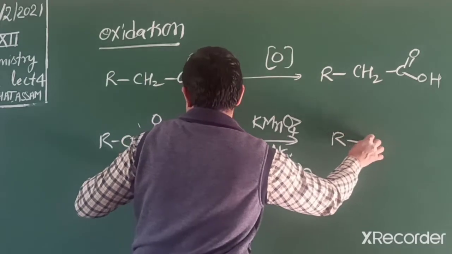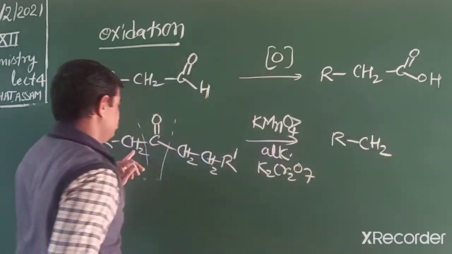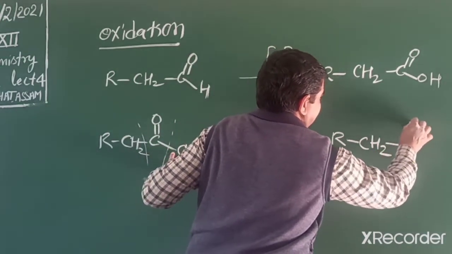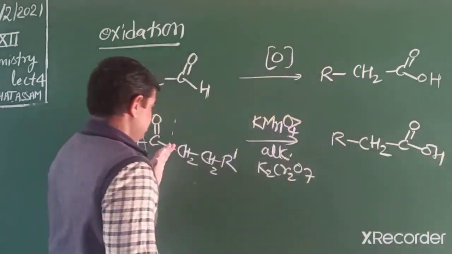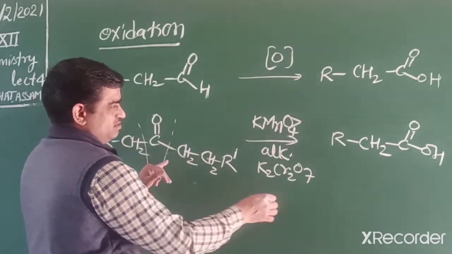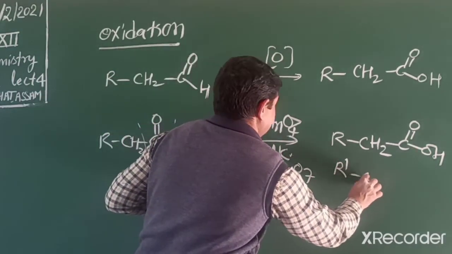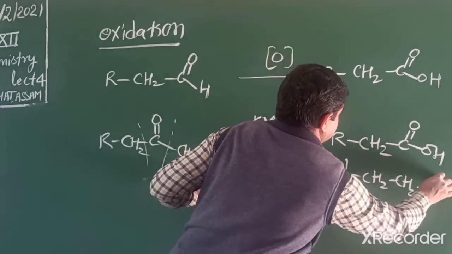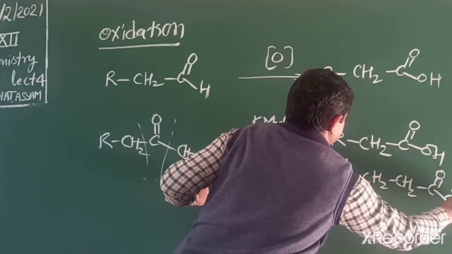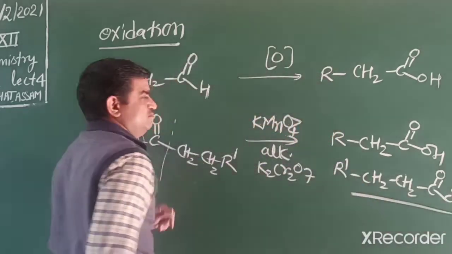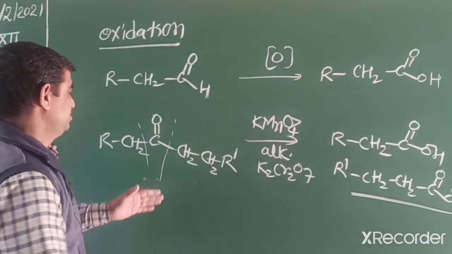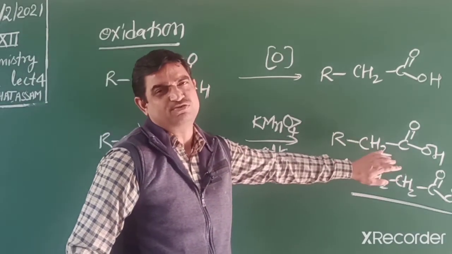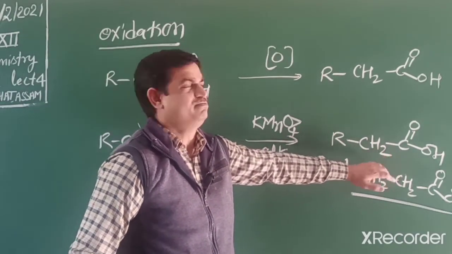If it dissociates on this side, we get a carboxylic acid like this. If it dissociates on the other side, then we get R', meaning a different number of carbon atoms, and this can dissociate further also. So we get a mixture of carboxylic acids with fewer carbon atoms.